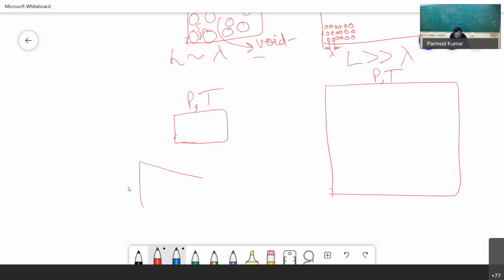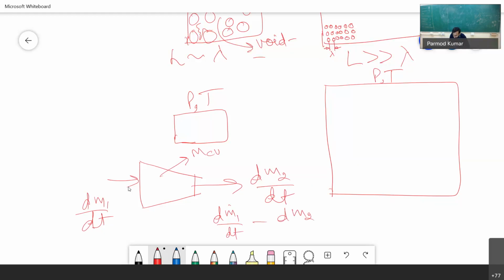For example, if mass is entering at rate dm1 by dt and leaving at rate dm2 by dt, and mcv represents the mass of the control volume at any instant, then dm1 by dt minus dm2 by dt will be equal to dmcv by dt. So the mass of the control volume will change depending upon the inflow and outflow conditions. Is this point clear?